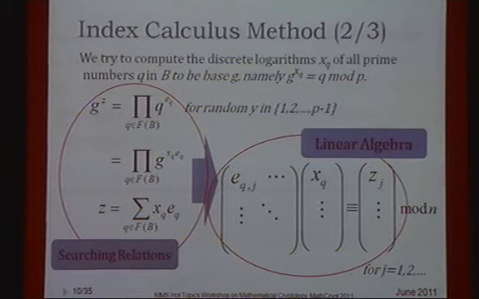Then we have this relation modulo p minus 1. It becomes a summation here. As I said, z is chosen by ourselves, and the exponent is a prime decomposition. Therefore, we know z and e_q. What we want to know is the exponent x_q, which is exactly the real problem for target q.